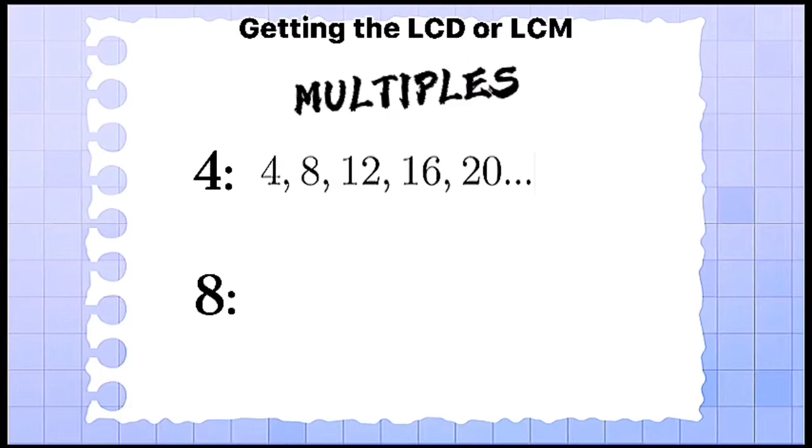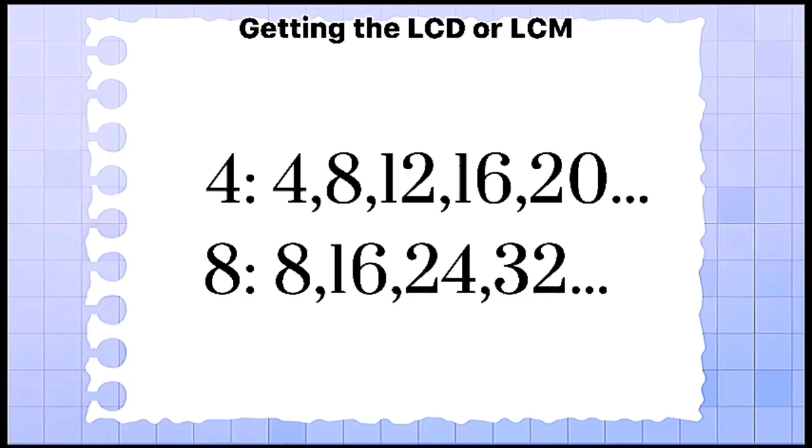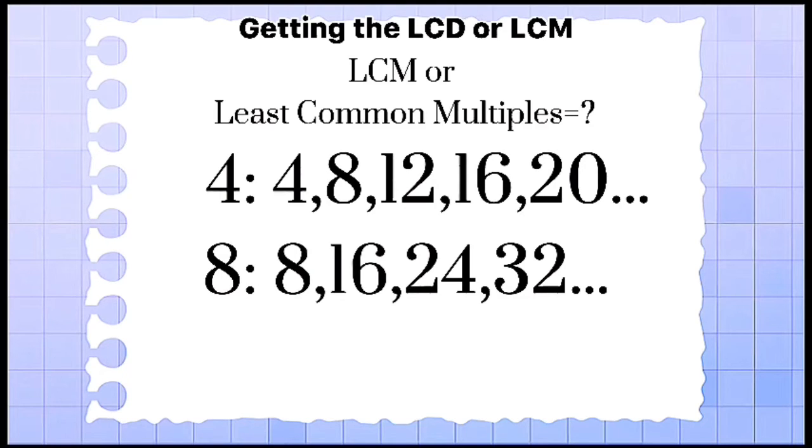The multiples of 8 are, let us start with 8, followed by 16, followed by 24, followed by 32, and so on. Now, can you figure out what is the LCM, or least common multiple, of 4 and 8?